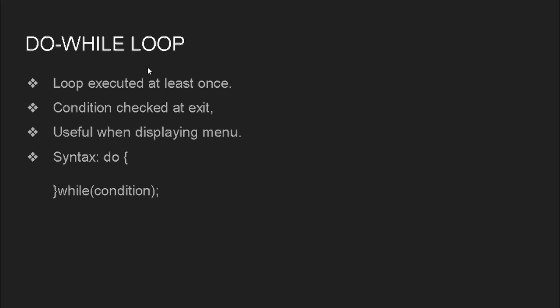In the do while loop, this particular loop is executed at least once. At least once means a minimum of one time it gets executed, regardless of the condition. And why is it happening like that? The reason is that the condition is checked at the exit point.